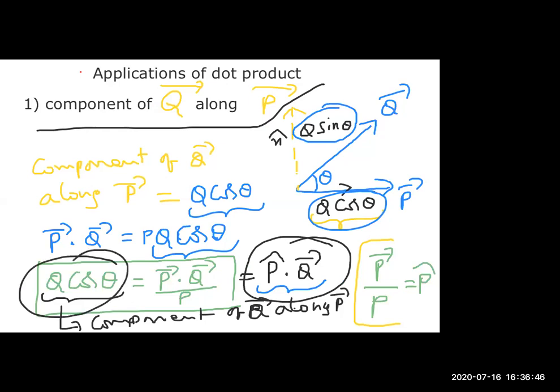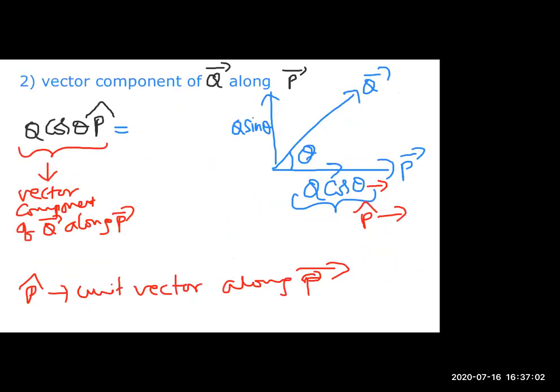The Q cos theta value is P cap dot Q bar. So now I am collecting this Q cos theta value as P cap dot Q bar and substituting it here.